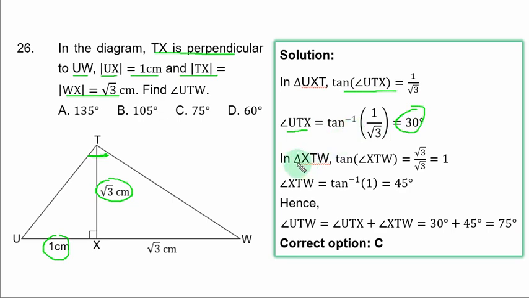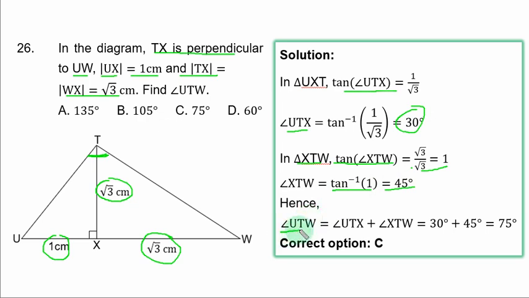In triangle SWT, you also have tan of angle STW. Opposite is root 3 and adjacent is also root 3. If you divide both, you have 1. To get angle STW, take the inverse of tangent of 1, and that is 45 degrees.